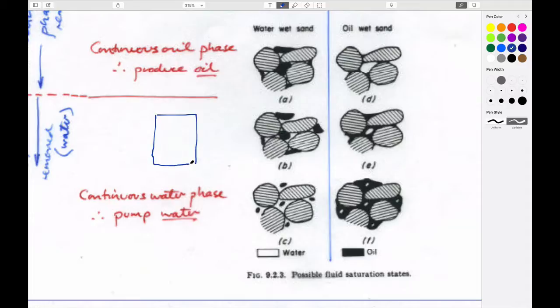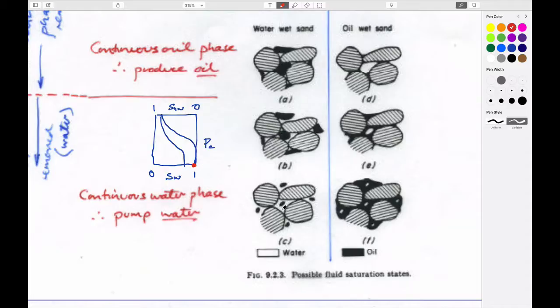If you think about where on this little diagram we might be, this is capillary pressure, this is saturation of water, this is saturation of the non-wetting. We start off here. Imagine that we don't have any blobs here. This is where we are.